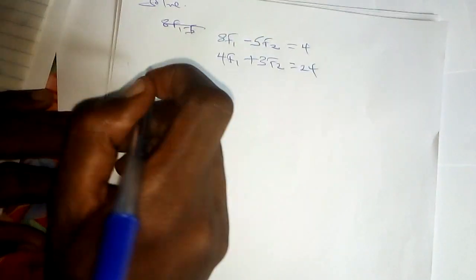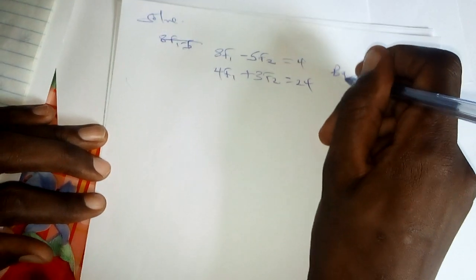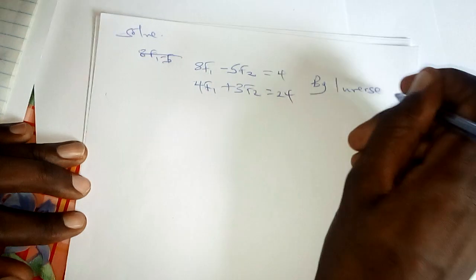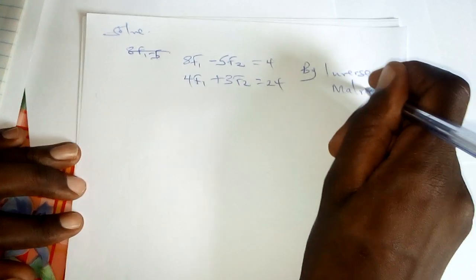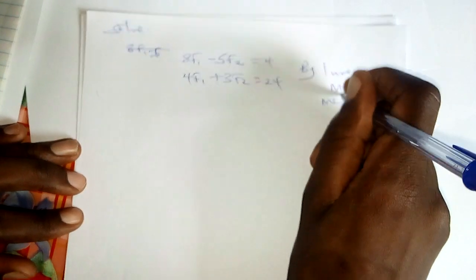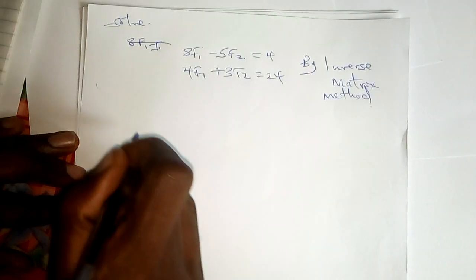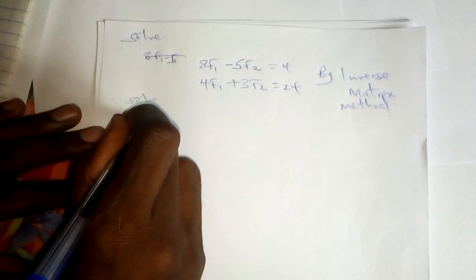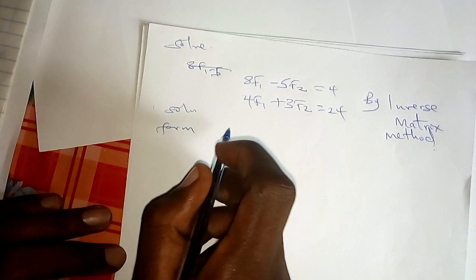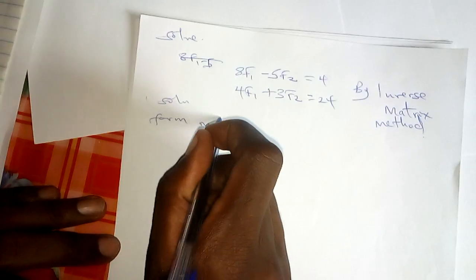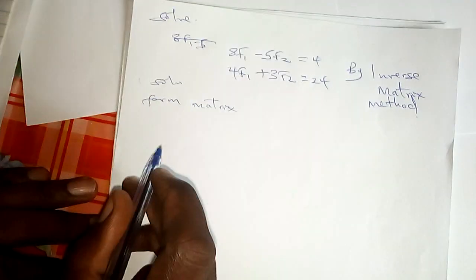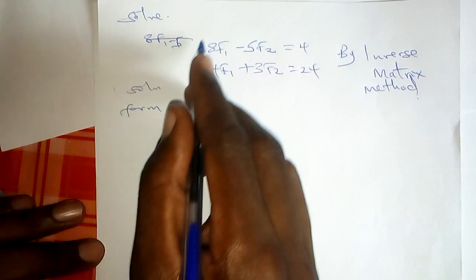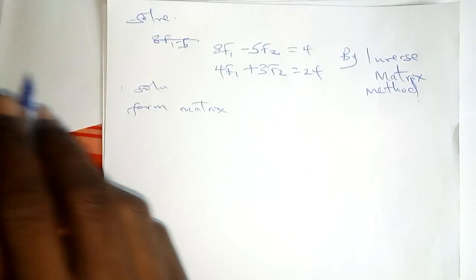It means under solution, this is by inverse matrix method. Solution of it, first of all you form a matrix. And when you form a matrix, you just extract the matrix from the two equations.